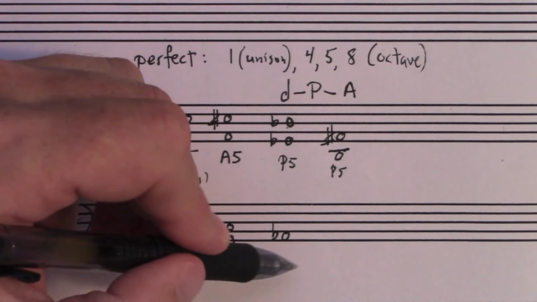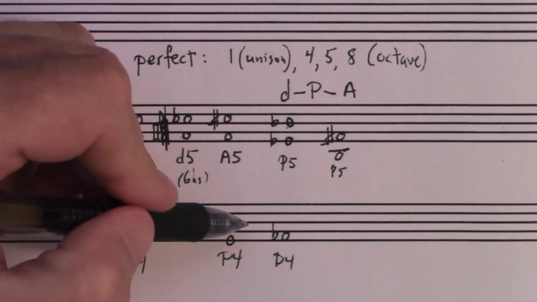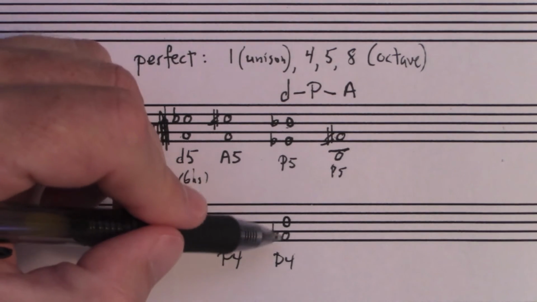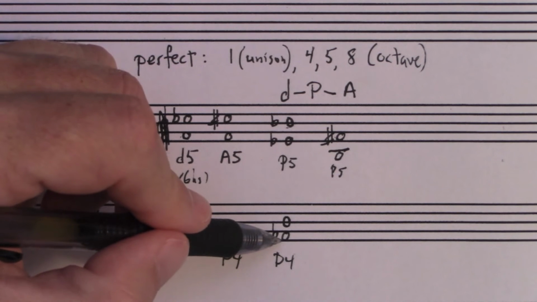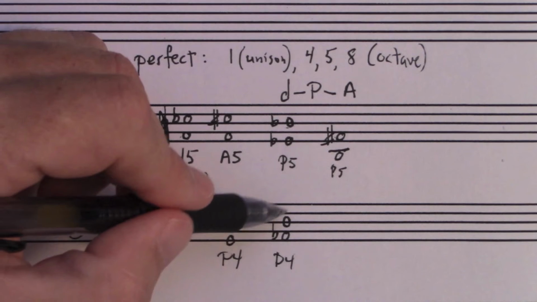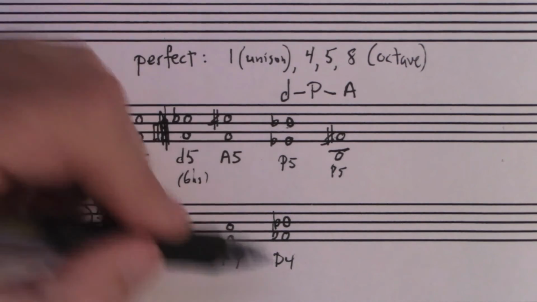We need a perfect fourth above A flat. What's your letter? A, B, C, D. D is the fourth. How many half steps? Oh, too many. There you go. Perfect fourth.